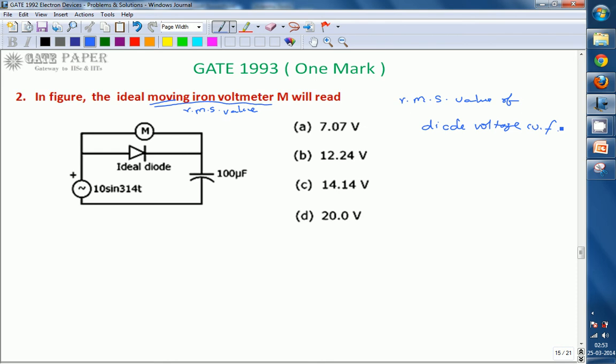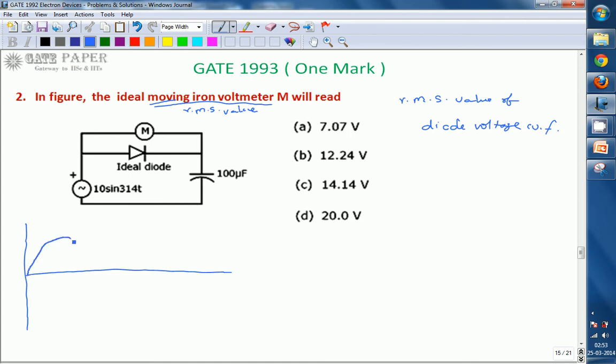First of all, we have to know the output voltage equation. From that we can calculate the RMS value. Whenever we apply 10 sin 3140t, a sinusoid, first you get the positive half cycle, later the negative half cycle. This is the input waveform.